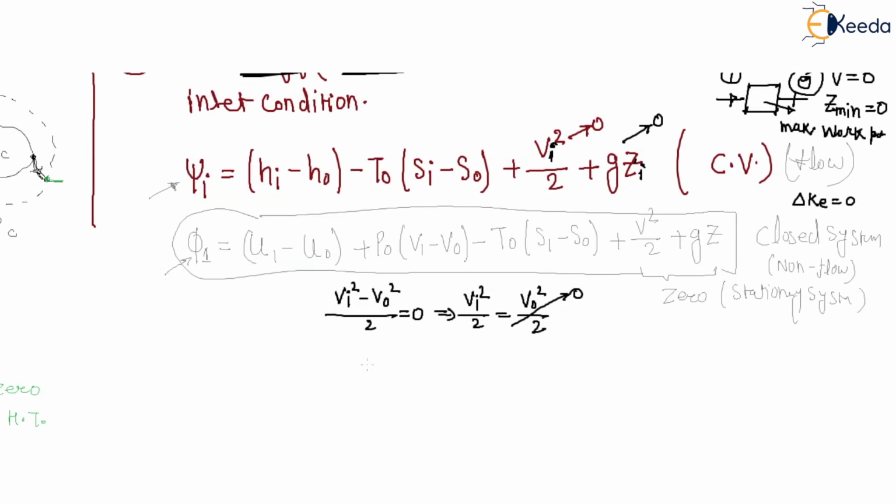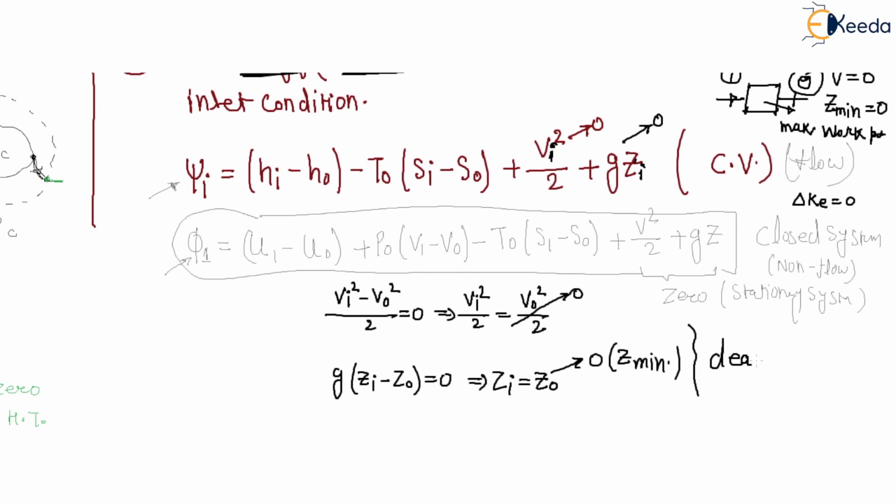Also there is no potential energy, that means Zi minus Z0 equals 0. So Zi is equal to Z0 and Z0 is equal to 0. Why? Because Z is minimum at the dead state. So this is for the dead state, right?